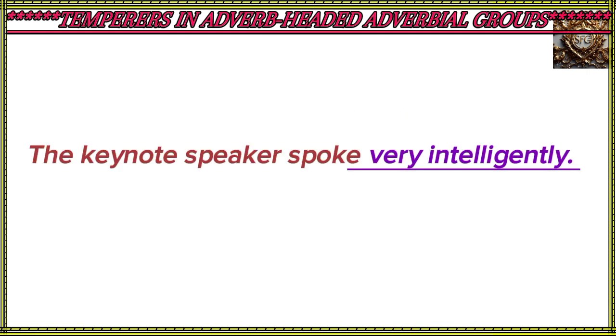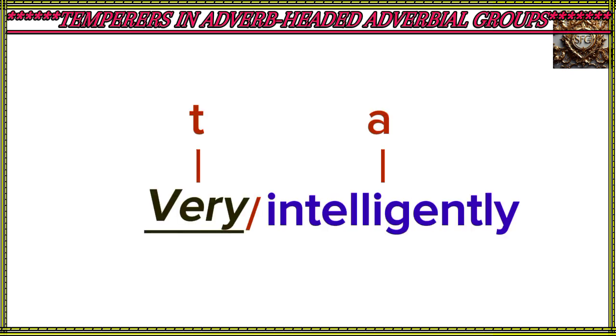The keynote speaker spoke very intelligently. In this sentence, the expression very intelligently is an adverb-headed adverbial group. In the group, very is functioning as a temporer, intensifying the degree of the apex, intelligently.